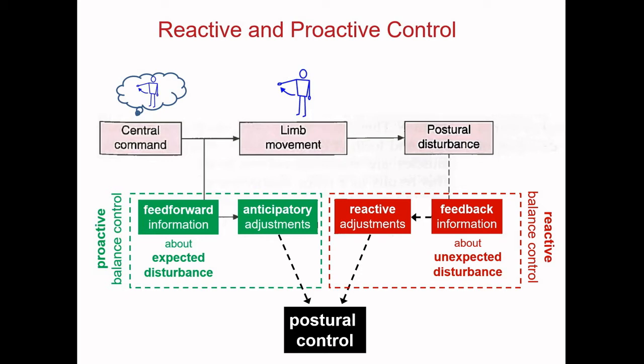If this shift in the center of mass is not anticipated, it will create an unexpected pull upon the body, pulling it forwards. This disturbance to balance will be registered by vestibular, visual, and haptic perceptual systems. These perceptual systems are able to detect information about the nature of the balance disturbance. This feedback information can be converted into reactive adjustments.